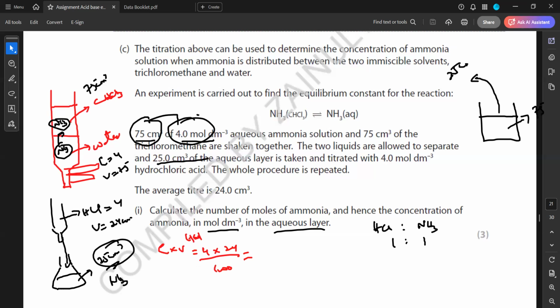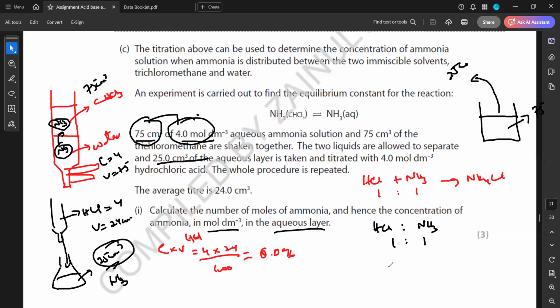So we got 0.096 moles of HCl. Why is the mole ratio 1:1? When you write a balanced equation for the reaction of HCl and ammonia, it will produce ammonium chloride. That's why the mole ratio is 1:1. If there's 1 mole of HCl, it needs 1 mole of ammonia.